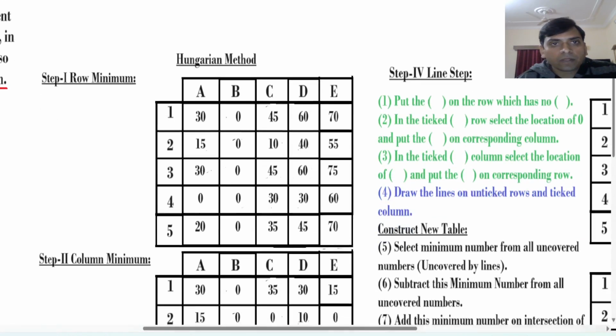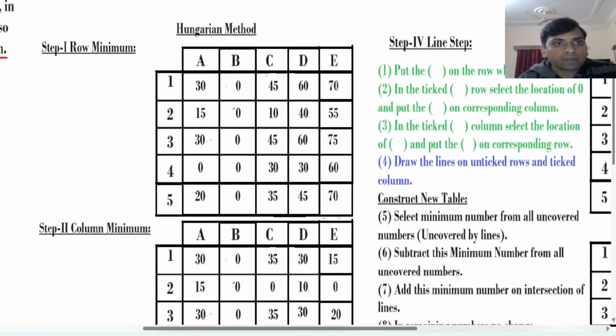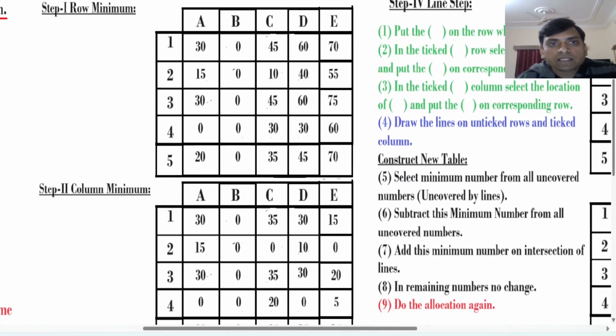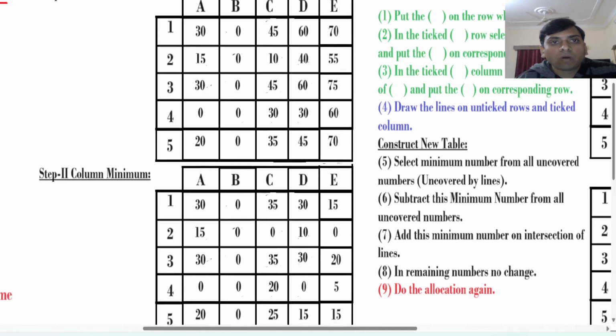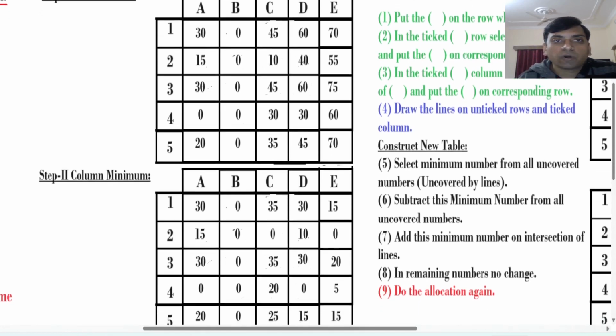Now the next step is the column step. We will subtract the minimum number of each column from all the elements of the corresponding column. In the first column, the minimum number is 0. So if we subtract 0 from all these numbers, you will get the same column. Just like 30 minus 0 is equal to 30, 15 minus 0 is equal to 15.